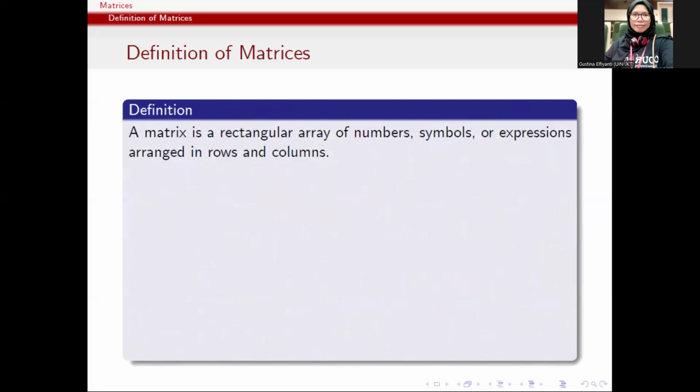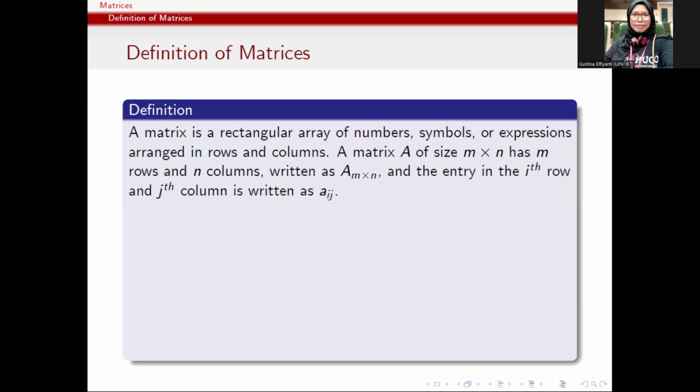So a matrix is a rectangular array of numbers, symbols, or equations arranged in rows and columns. A matrix A of size m by n has m rows and n columns, written as A m by n. And the entry in the ith row and jth column is written as Aij.